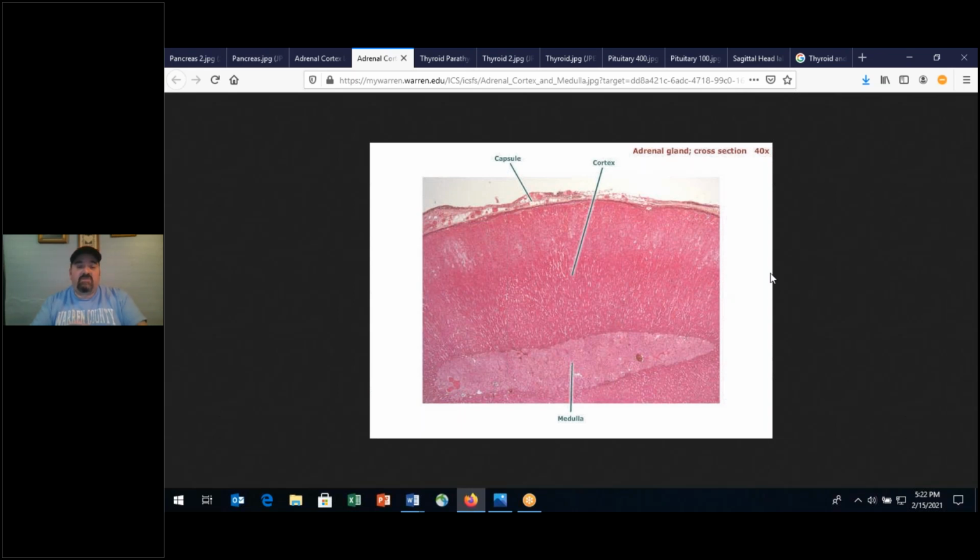Then we have the adrenal glands. Now the adrenal tissue, this is going to be a little bit more of a challenge in order to identify. But here's something I can tell you. When you think of the adrenal gland, just as we thought of the hypophysis, the adenohypophysis, the neurohypophysis, there is glandular tissue and neural tissue for the hypophysis.